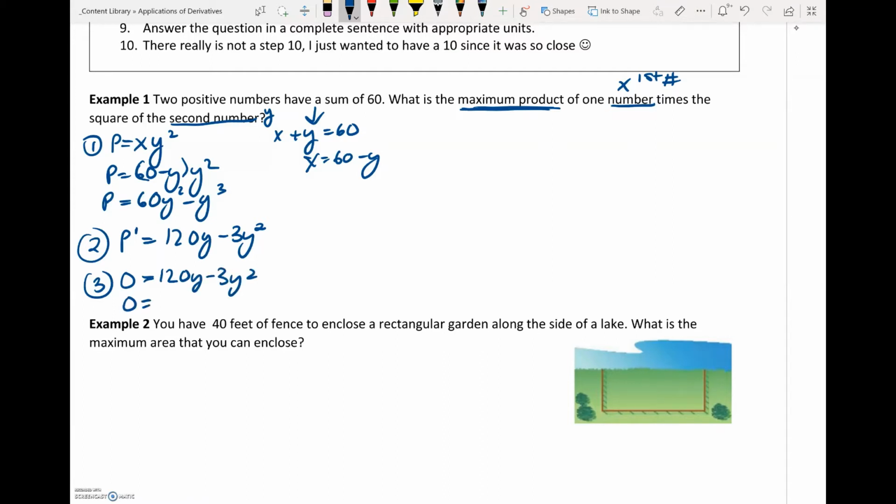And then I'm going to factor out 3y. So it looks like our critical points are y equals 40 and 0. Now it wouldn't make sense for y to be 0 because it has to be a positive number.